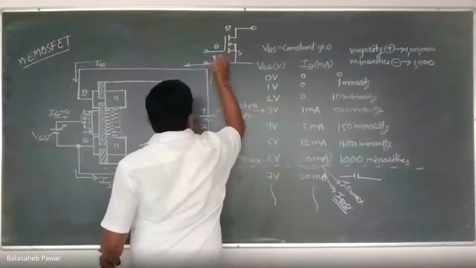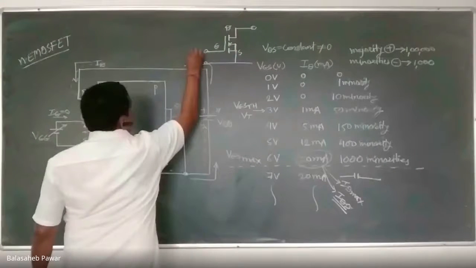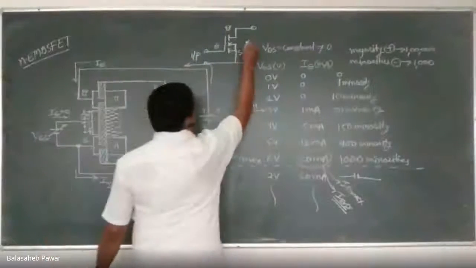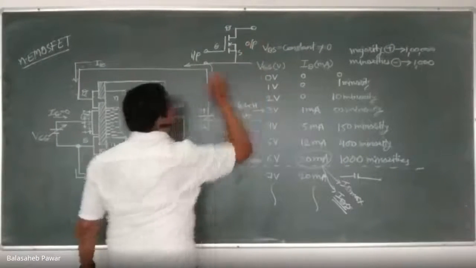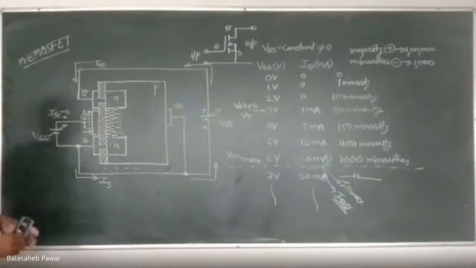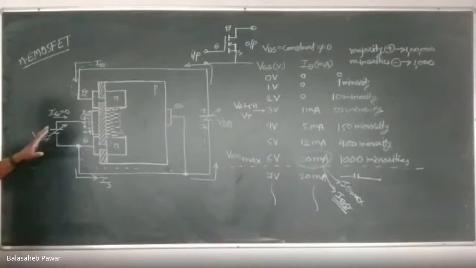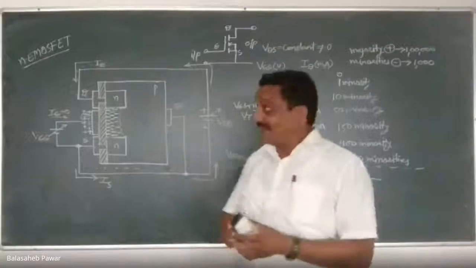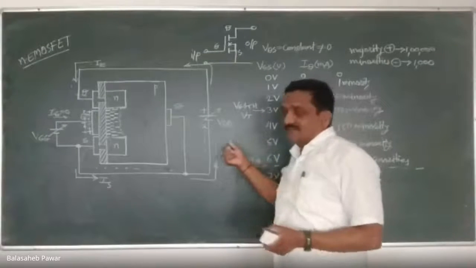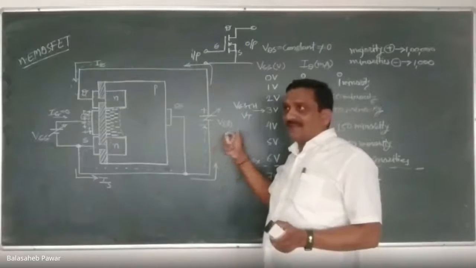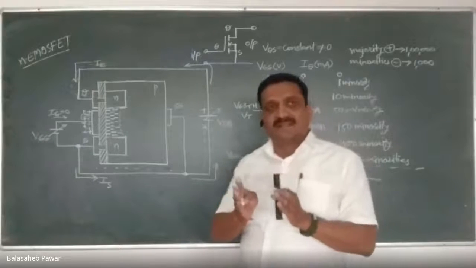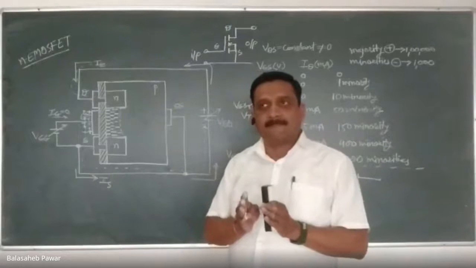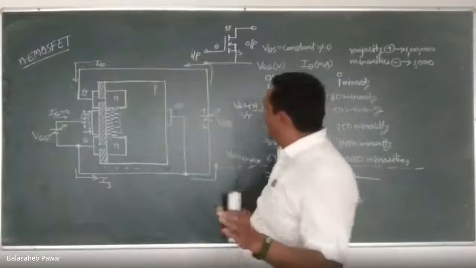This is known as the input port of the device, and this one is known as the output port. Is it clear? From this discussion, what is your conclusion regarding the output current? Is the output current dependent on something, and if yes, on what is it dependent?